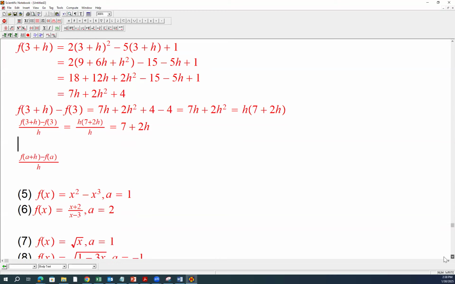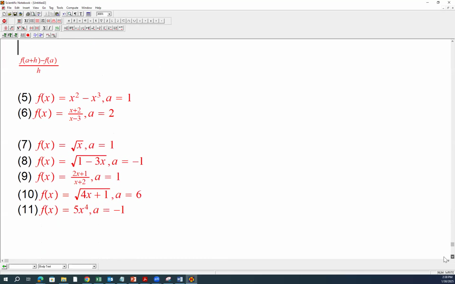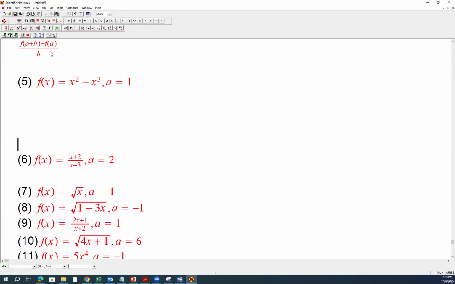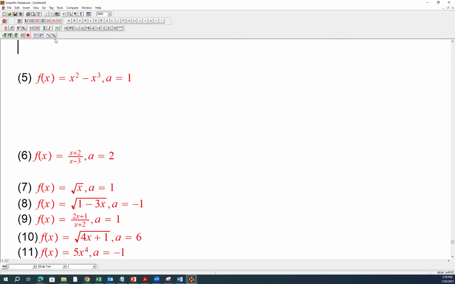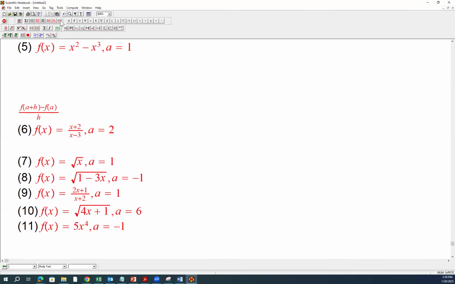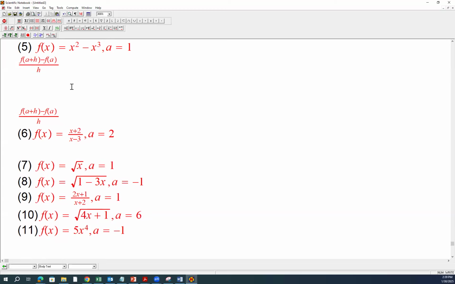Now, another polynomial. Okay, so be patient with me. We look at number 5. We have other types, as you can see. So let's go. And that's the form we're going to work with. Of course, a equals 1, replacing a.